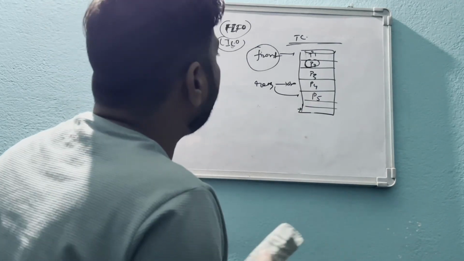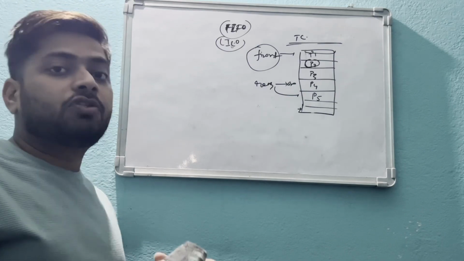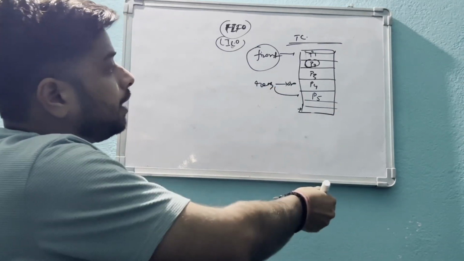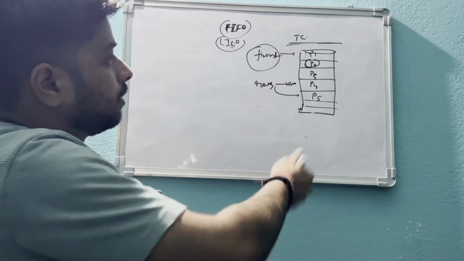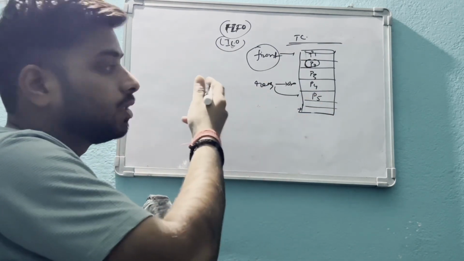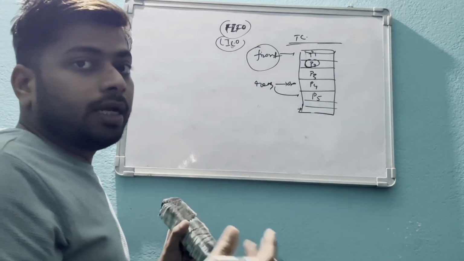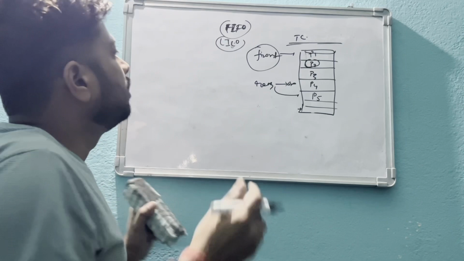If we look into the implementation of the queue, the language we are going to prefer is Java, and this is a singly queue, so there will be no circular part. We'll be covering it in the later part of the playlist.